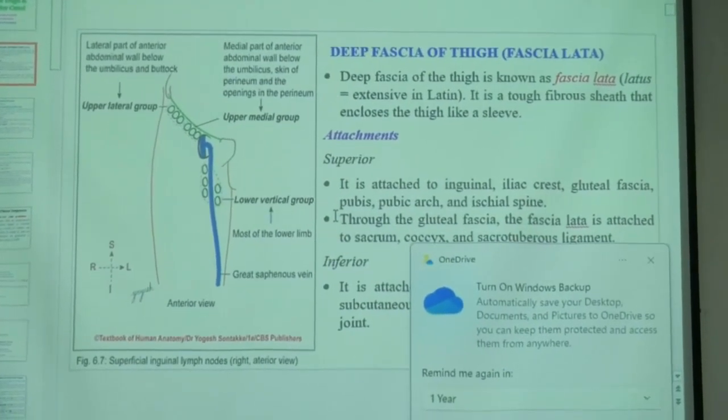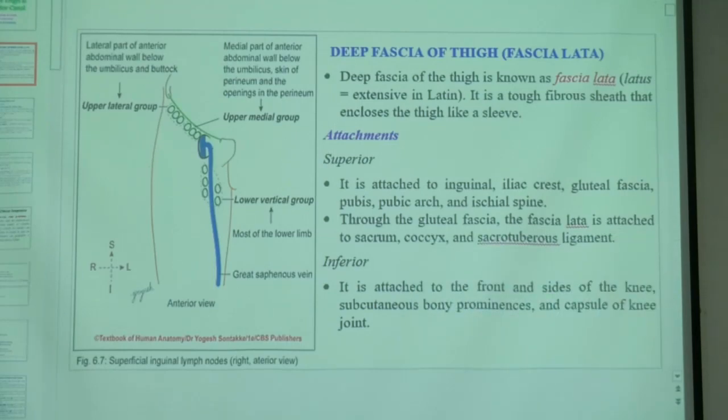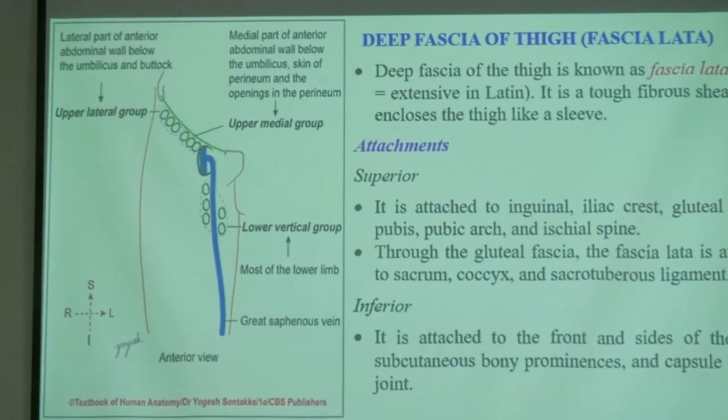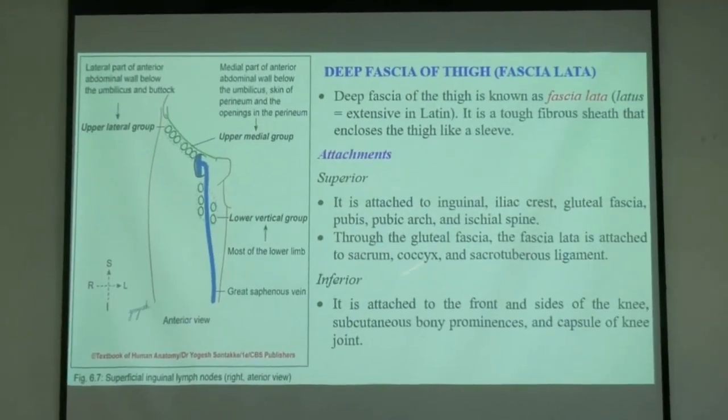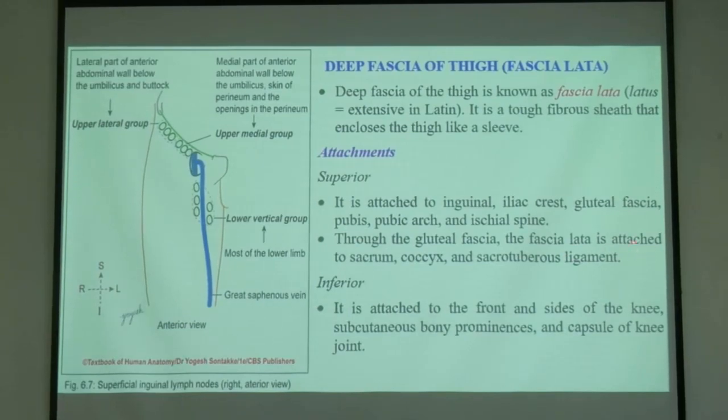And through the gluteal fossa, the fascia lata is attached to the sacrum, coccyx, and sacrotuberous ligament. This is the superior attachment. Inferiorly, it is attached to the front and sides of the knee, subcutaneous bony prominences, and capsule of the knee joint. These are the attachments of fascia lata.